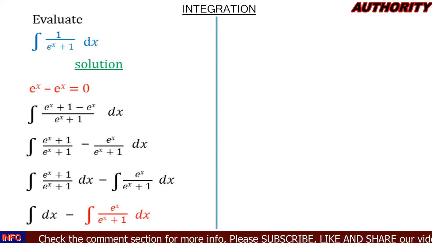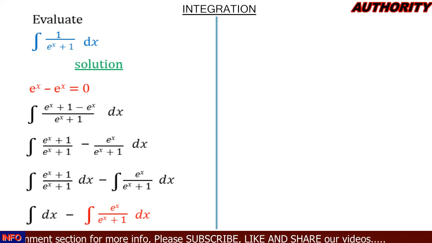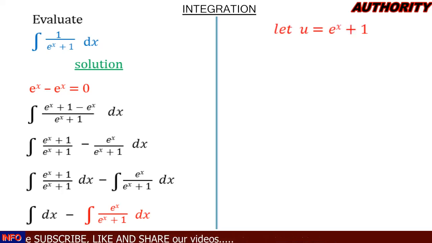Is that true? Good. Here, let's make use of u substitution. That means we're going to let our denominator, which is e to the power of x plus 1, be called a letter. Now let's use the letter u. So here we say let u equal e to the power of x plus 1. And let's differentiate this u with respect to x.